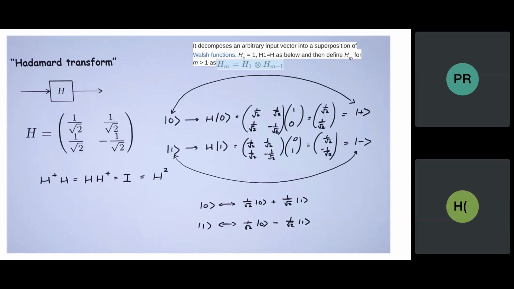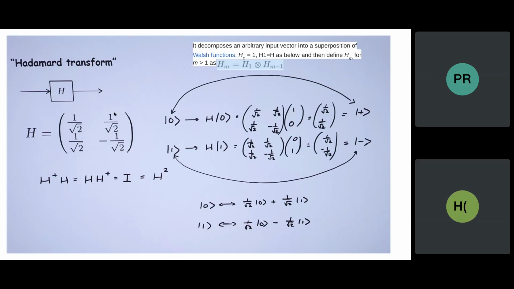The Hadamard transform is, if you have an arbitrary input vector and you use superposition of them, you get a transform with a multiplication factor of 1 by root 2 outside, and the matrix [1 1; 1 -1].